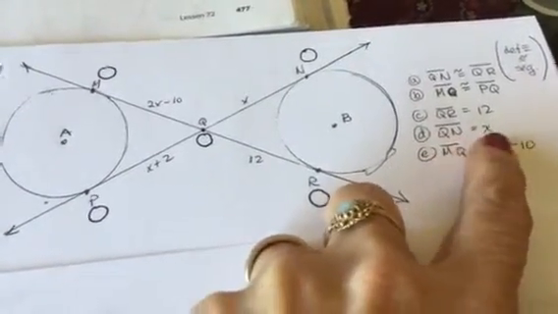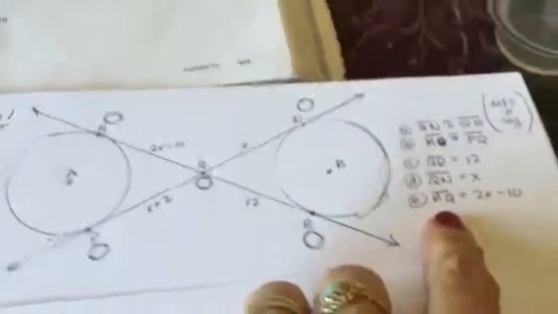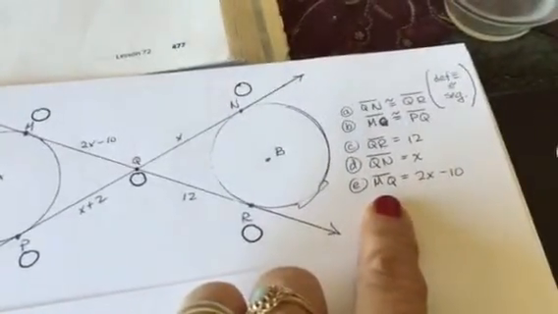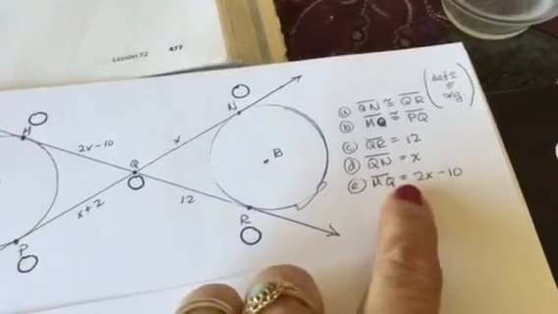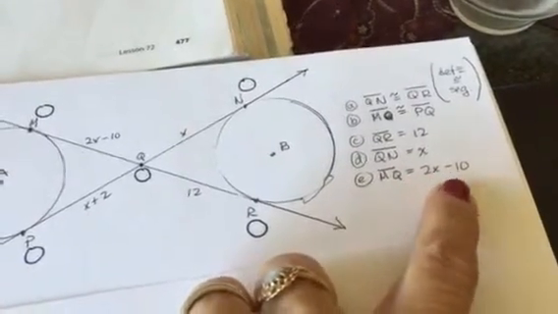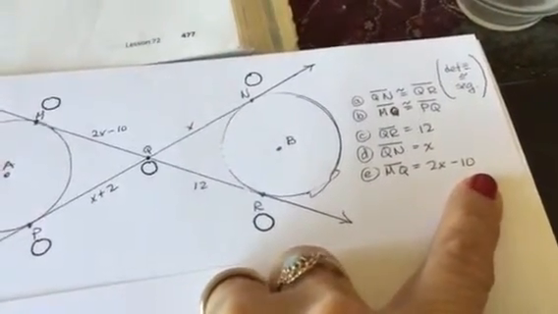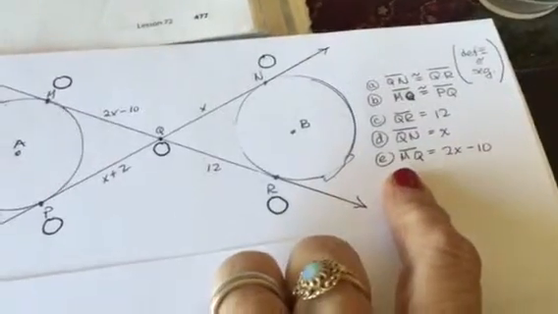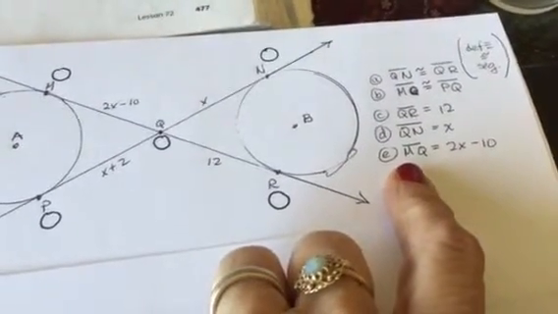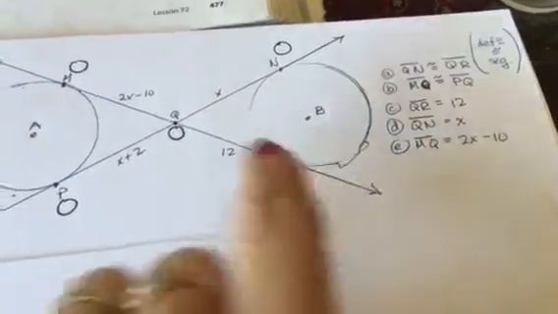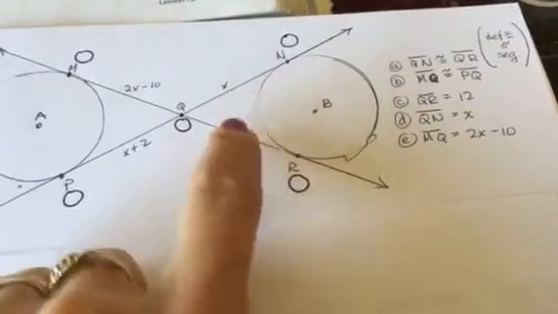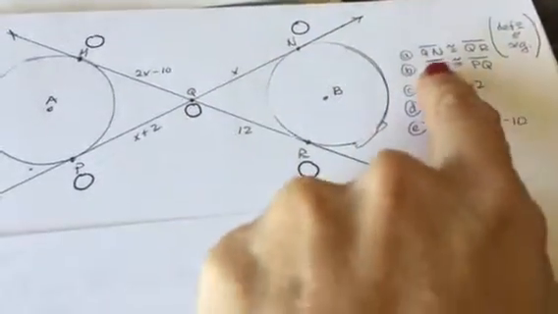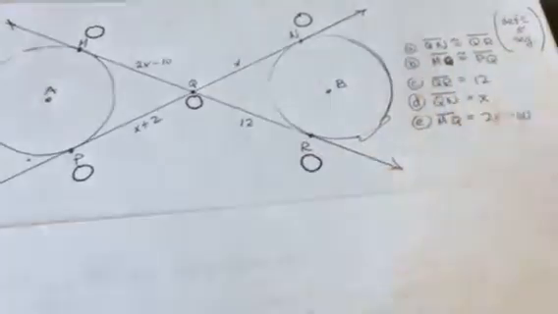QN is given an algebraic value of x. MQ is given an algebraic equivalent of 2x minus 10. And that is what we're looking for, MQ. So given that, we can now set, according to the top, that x is congruent to 12.